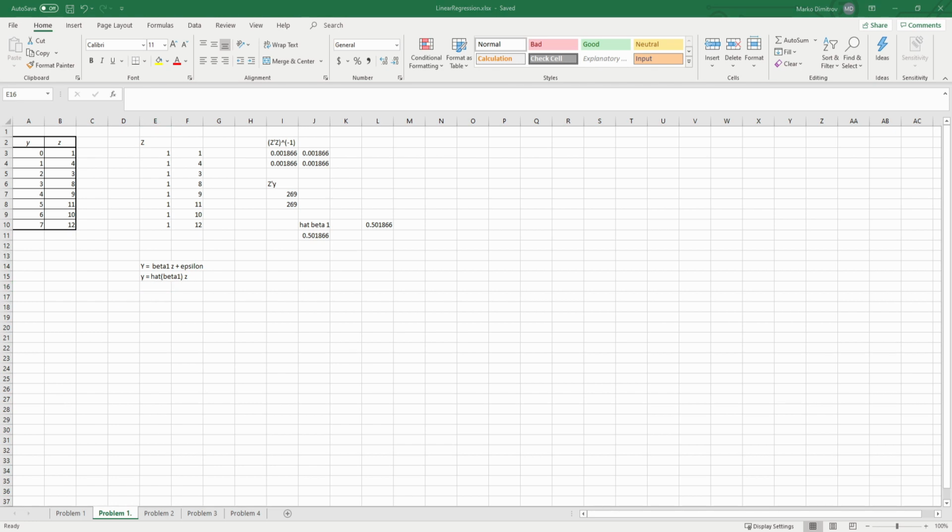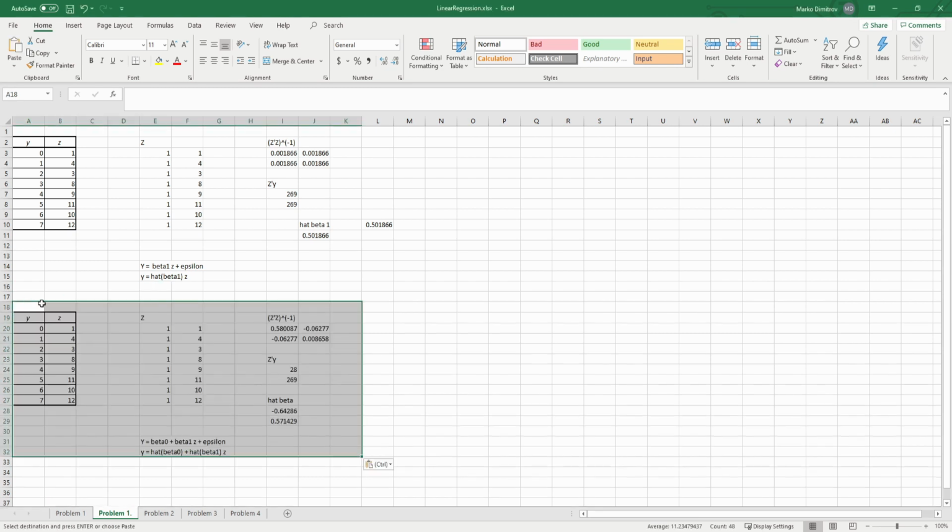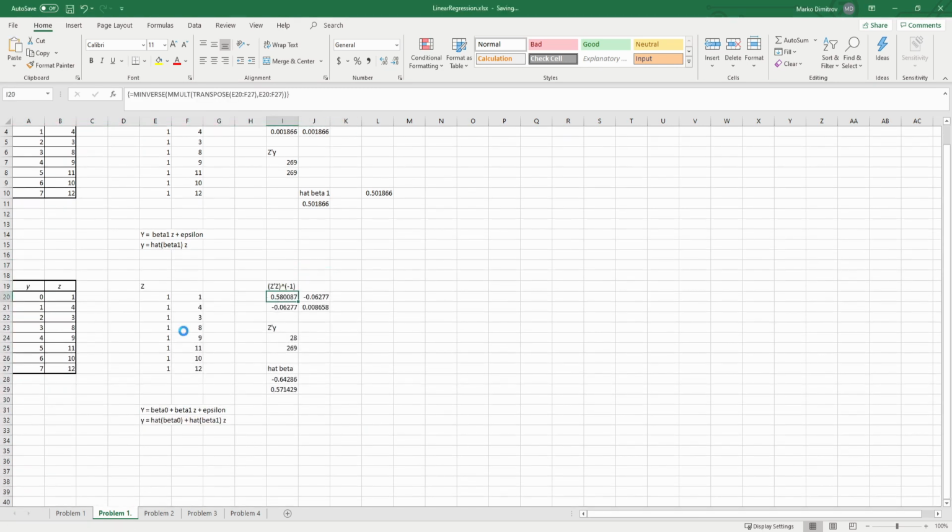Let's fit some other model. I will copy the data once again. Say that we want to fit a model with the natural logarithm of our z. Let's fit this model.